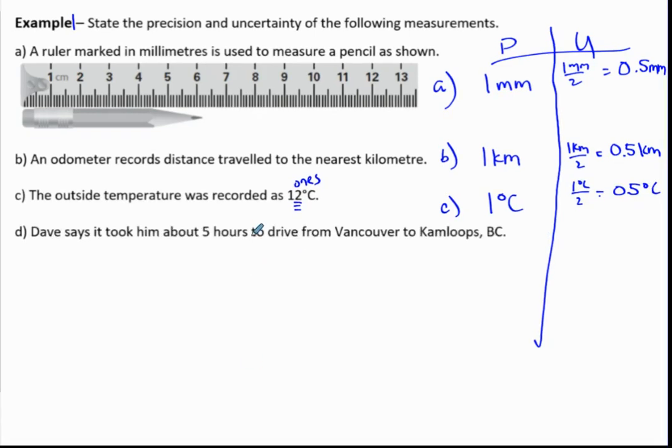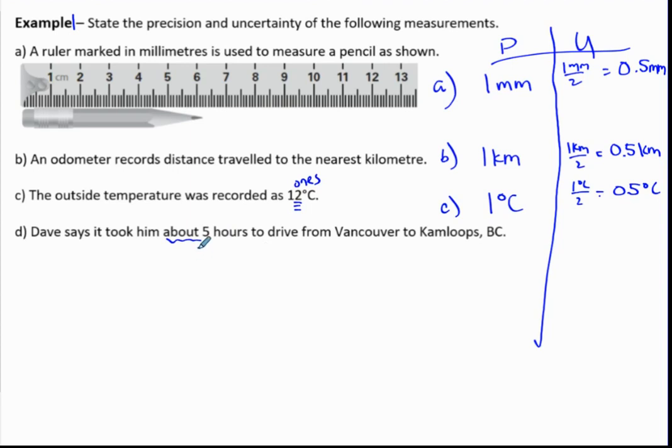And in our last example, we have Dave. He says it took him about 5 hours to drive from Vancouver to Kamloops. Now, this "about" tells us that we are not going to have a high degree of precision. He wasn't really timing it, obviously. So there could be a possible number of answers here. Maybe he was doing it to the nearest hour.